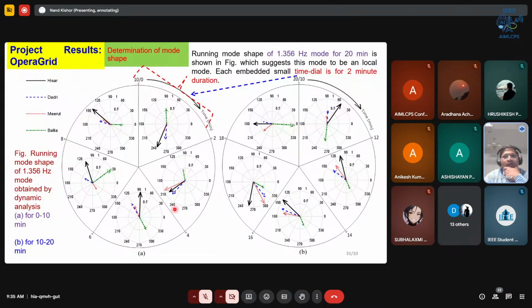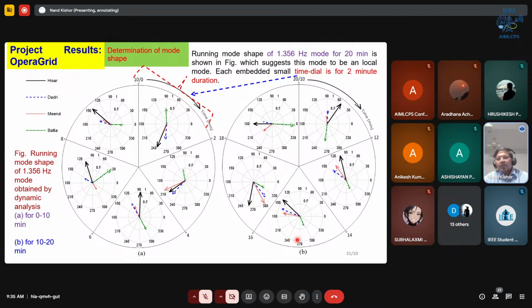Then this application was developed considering a time window, and it was for different measures. Here it shows the time window, and we have considered the signals from different locations. So this could be like saying running mode shape, for every 10 to 12 minutes, then 12 to 14 minutes, and so on.